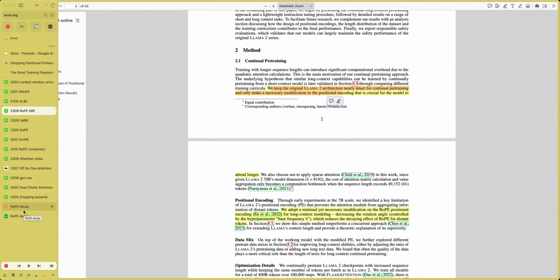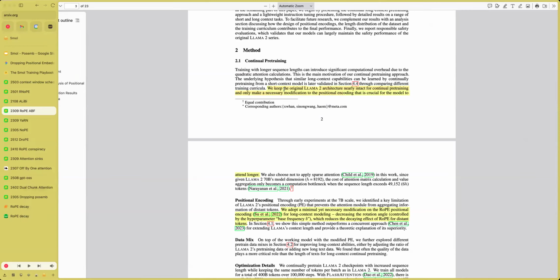This can be viewed in another way, that we're actually interpolating our positions. The position that was the relative position of 1,000 previously becomes what was the relative position of 500, basically.